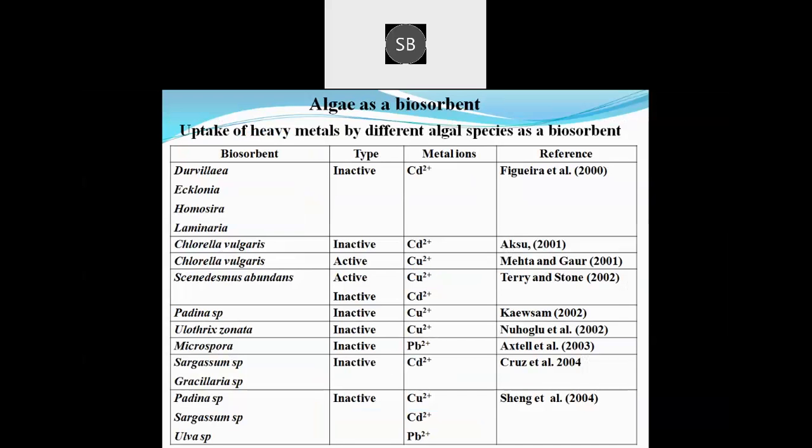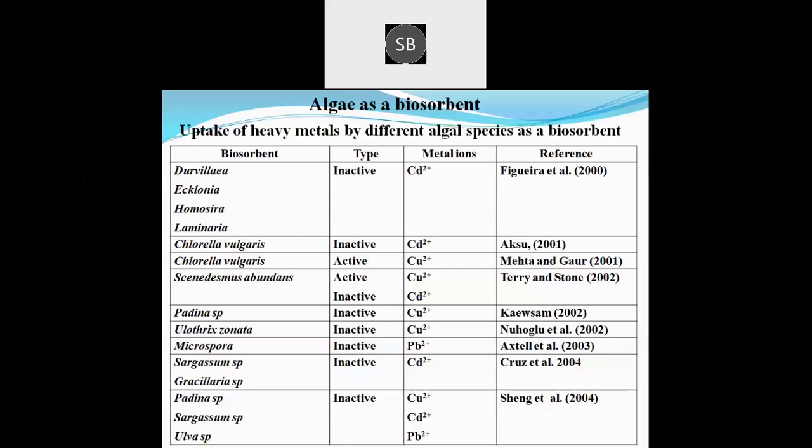Okay, next slide, ma'am. So coming to the main part. By doing this biosorption process, so many algal materials in the form of living or dead biomass are used as a biosorbent.